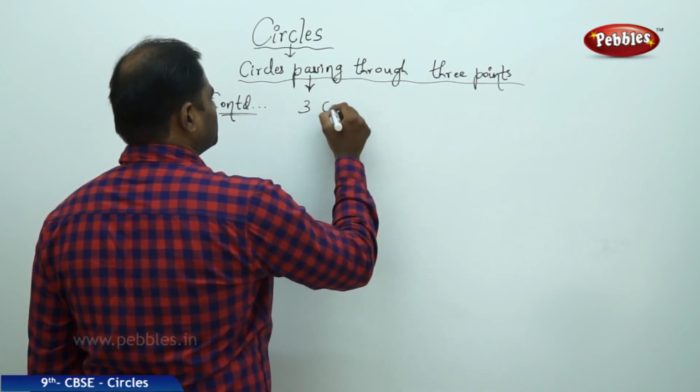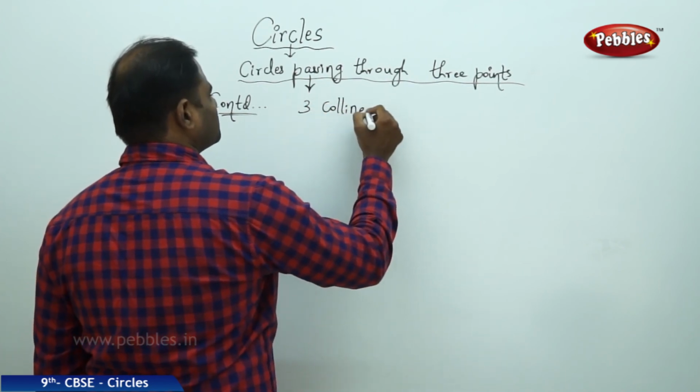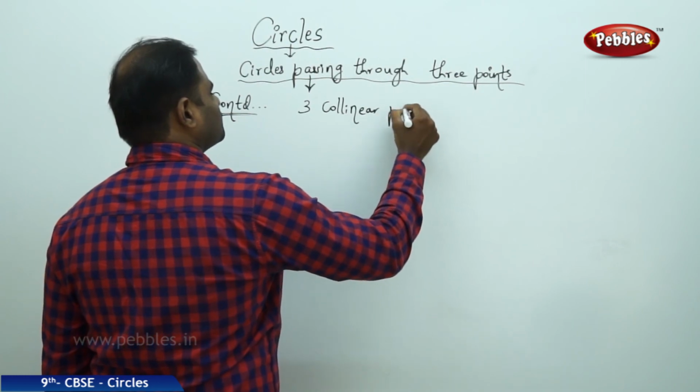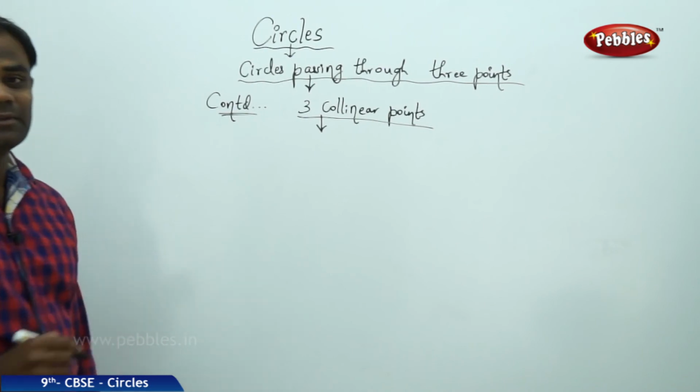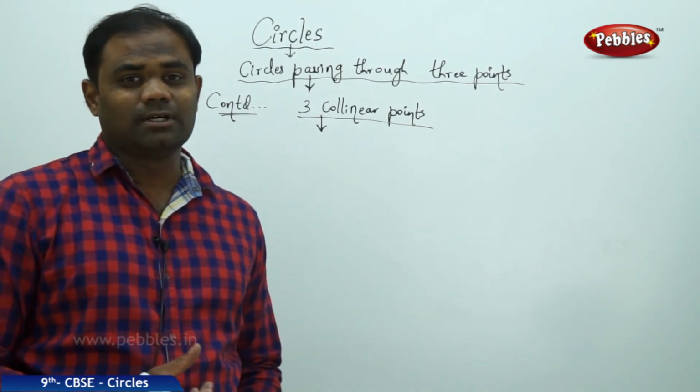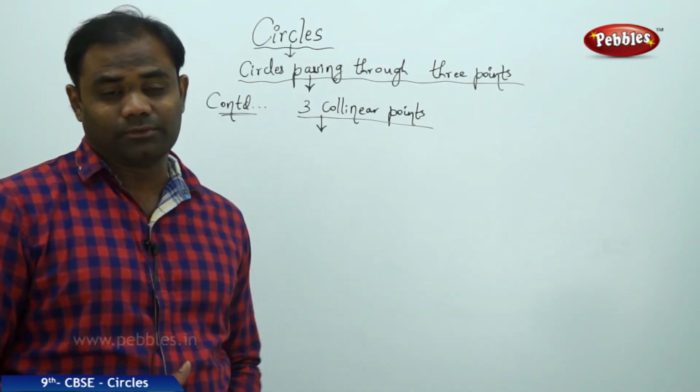Three collinear points. So let's see, if I take 3 collinear points, how many circles can be drawn passing through all 3 points.